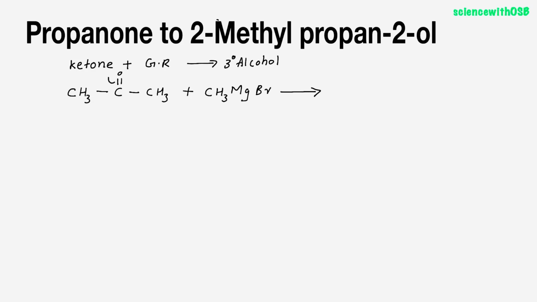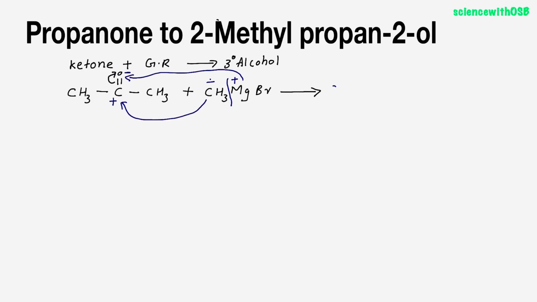Now how does the reaction proceed? See, this double bond shifts towards oxygen, so oxygen becomes negative and carbon becomes positive, right? This bond will break. This becomes negative, this becomes positive. Now this negatively charged carbon will come towards the positively charged carbon, and the positively charged Mg will move towards the negatively charged oxygen.